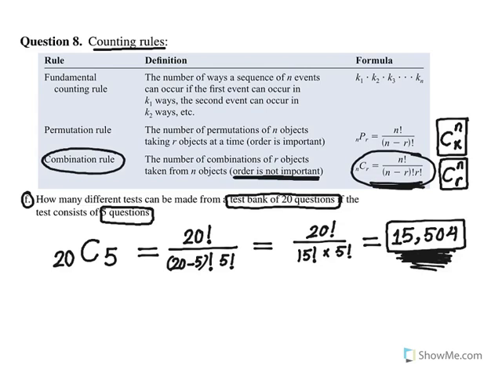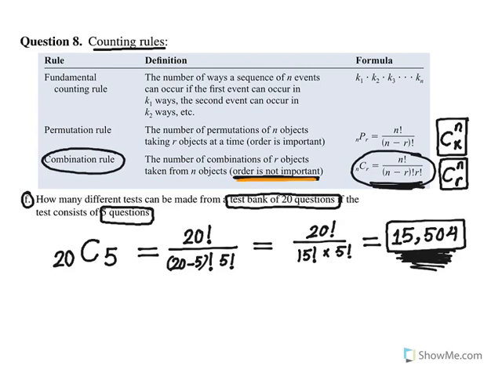At the beginning, you probably wouldn't have expected the number to be that big. You have only 20 questions and you want to choose 5 of them, and the number turns out to be very huge. But what's important again about this is that the order is not important, and you only get this from reading the question.